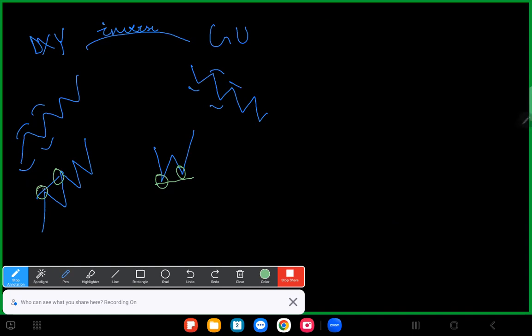So we see that price is taking out liquidity here, and then we see that price fails to do what is expected. So that's an early sign that price is being manipulated.